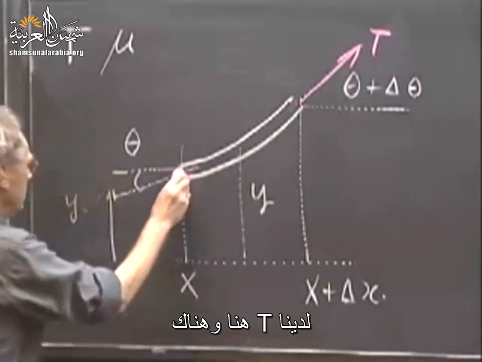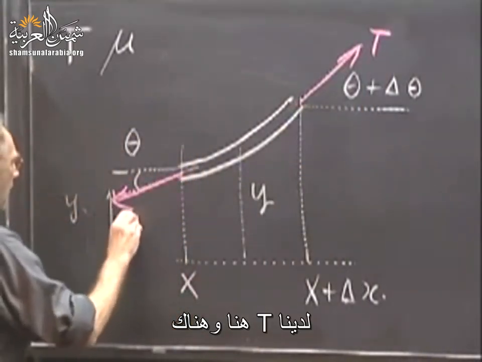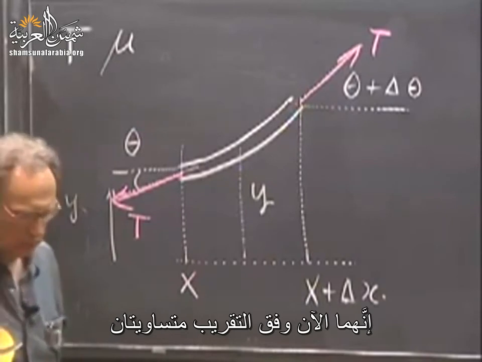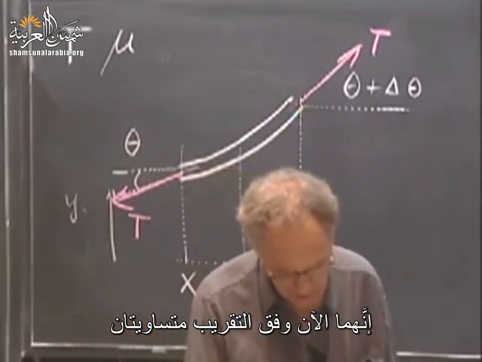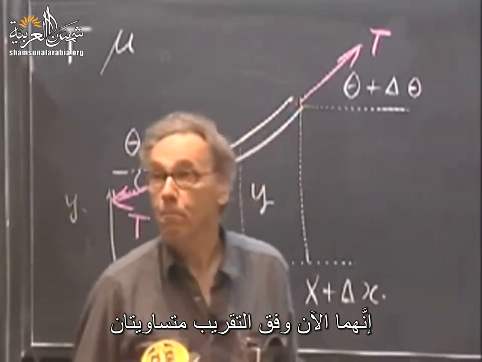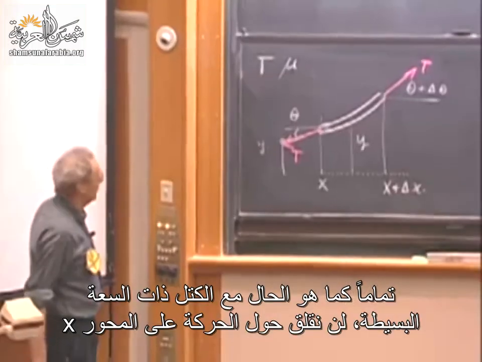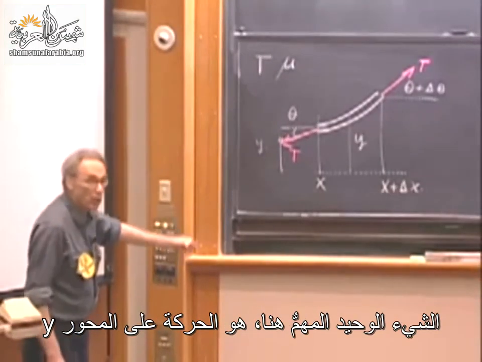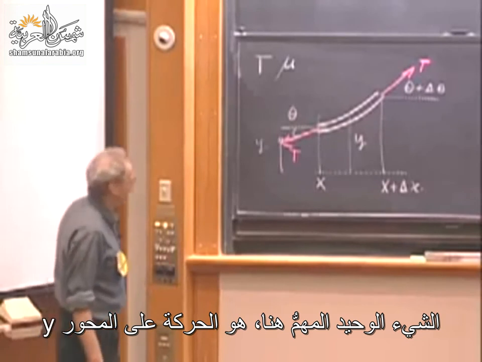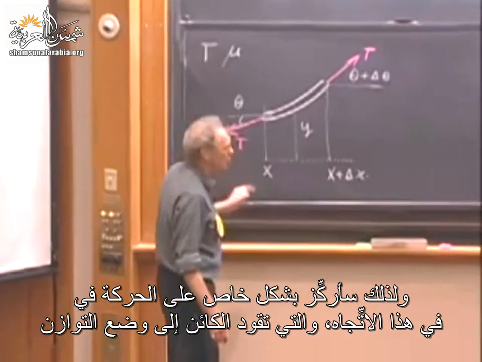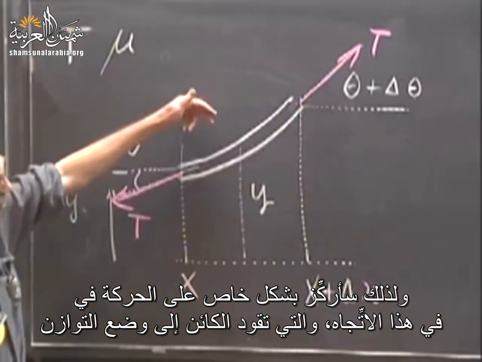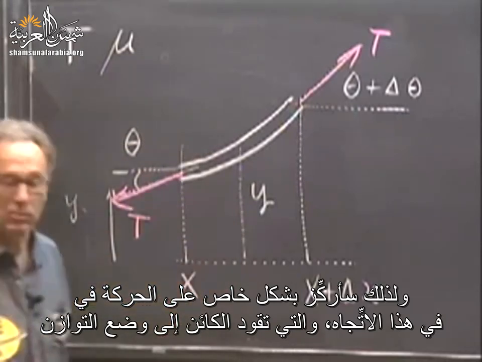So we have a T here, and we have a T there, and they are then, to a reasonable approximation, the same. Just like with the beads, for modest amplitudes, we don't have to worry about motion in the x direction. The only thing that matters is the motion in the y direction. So I will concentrate exclusively on the motion in this direction, which drives it back to equilibrium.